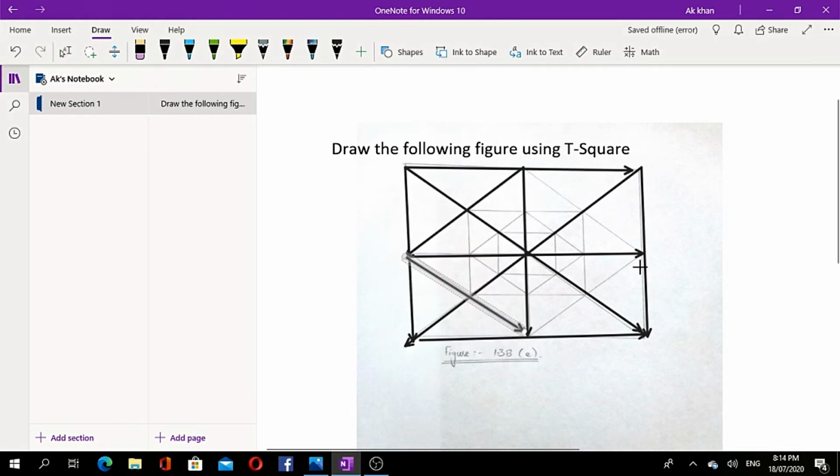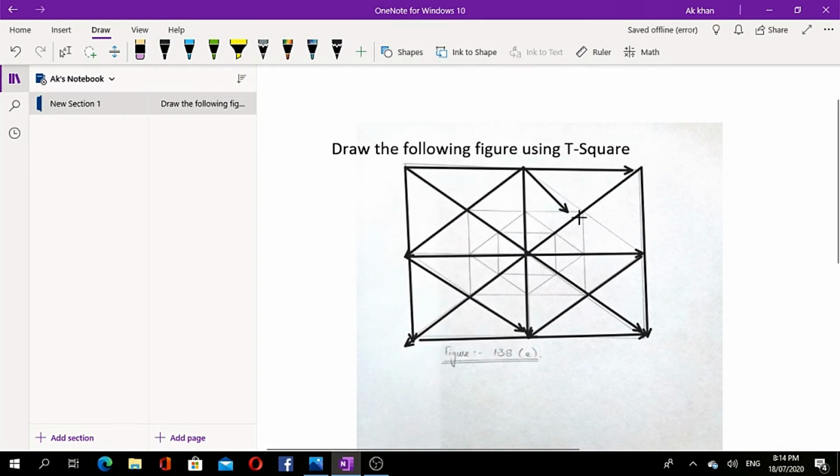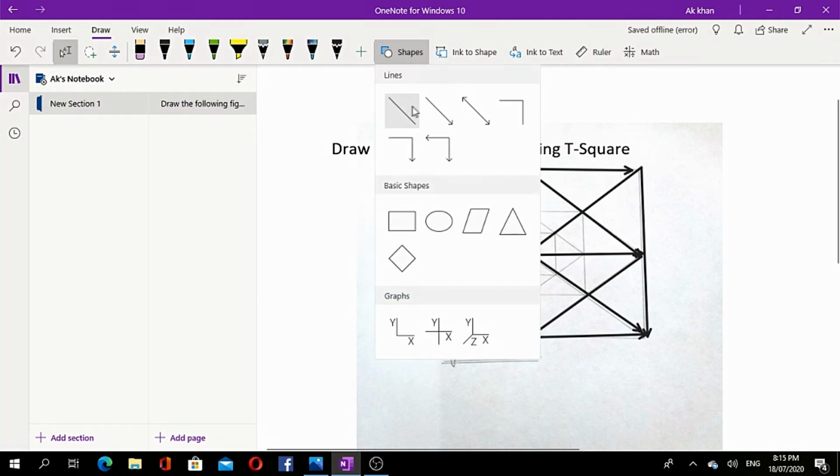If you use the T-scale accurately, then you would have a very good result. It's up to your measurement. So now we can get a scale inside it, if you look at it from the back. Now join these ends and draw a scale inside it also.